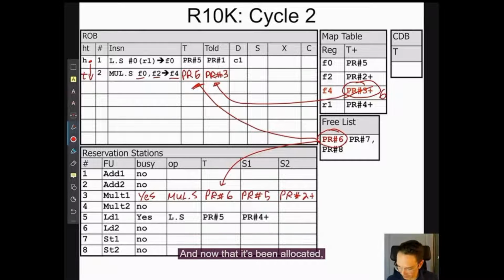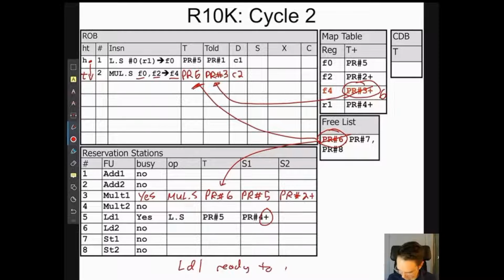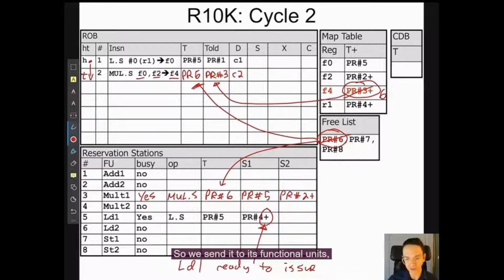And now that it's been allocated, we have to remove physical register 6 from the free list. So that's a wrap on the dispatch. But checking in on the issue stage, notice that the load's only input operand has its ready bit set, and so the load in the load 1 field is ready to issue. So we send it to its functional units, querying the data cache and the load store queue in parallel, starting that process in cycle 2.